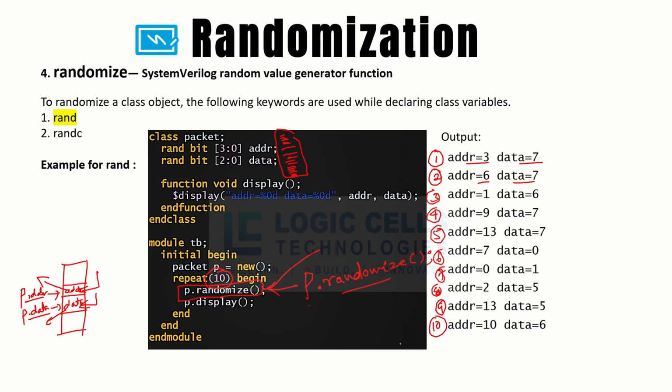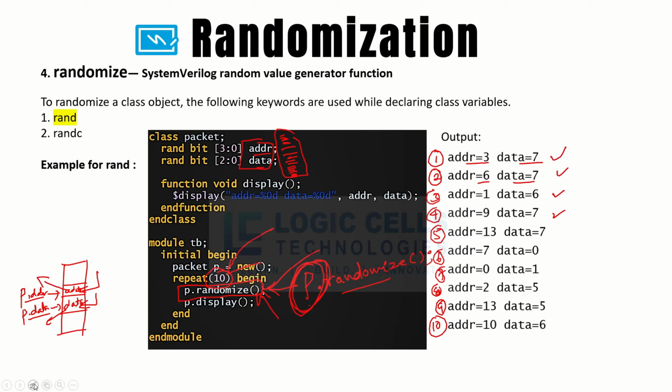Why are we getting it 10 times? Because we repeat 10 times, here, repeat 10. So both data members get randomized here? Yes. Are we accessing address and data for randomization? No. How are we randomizing? Through the object name, through the handle of that particular class.